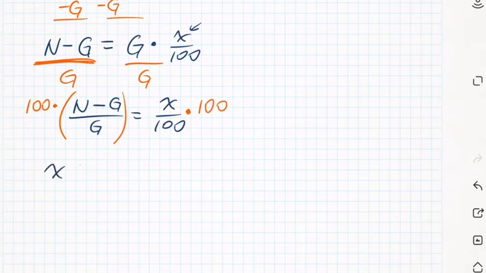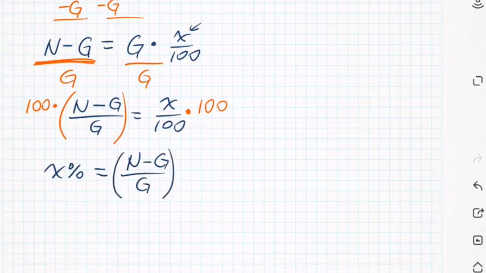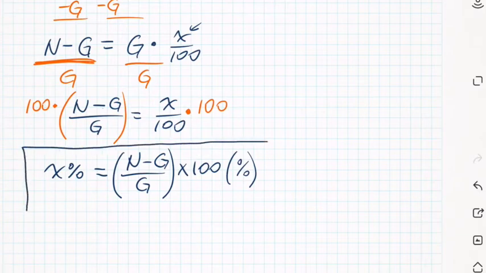I remember that it's a percent, and it's going to equal new minus old over old, all times 100. And to make sure my answer is a percent, I'll put it in parentheses. So this formula is what's called relative change.